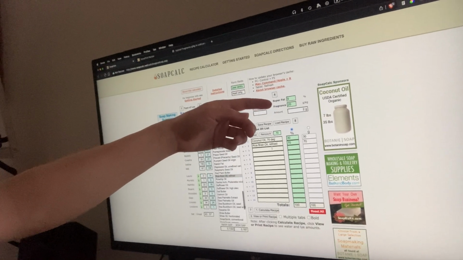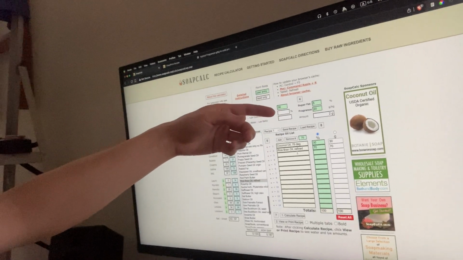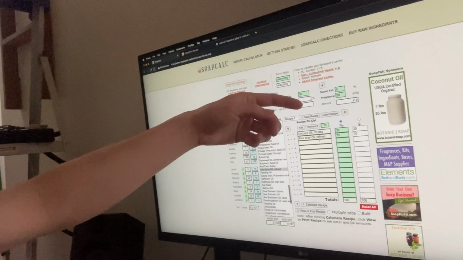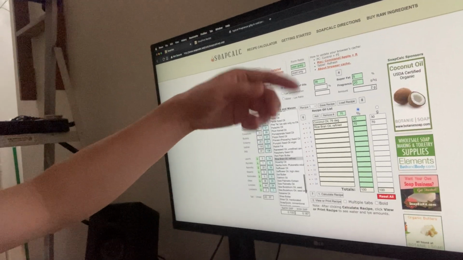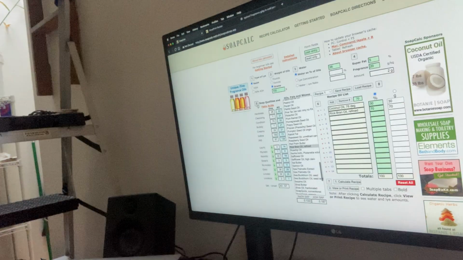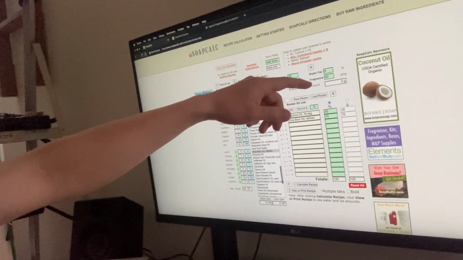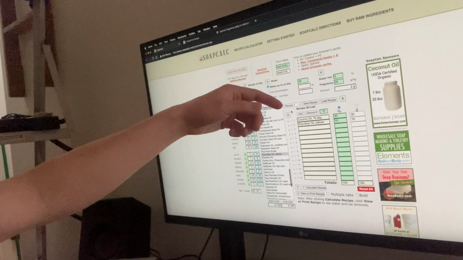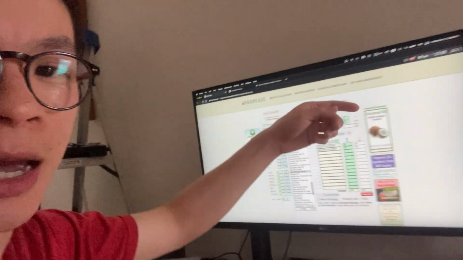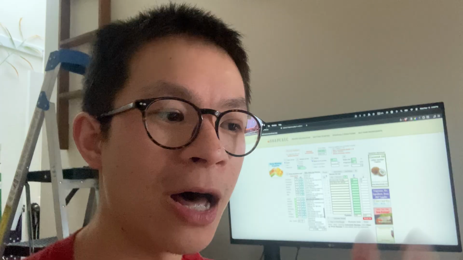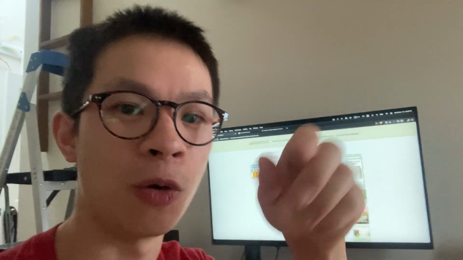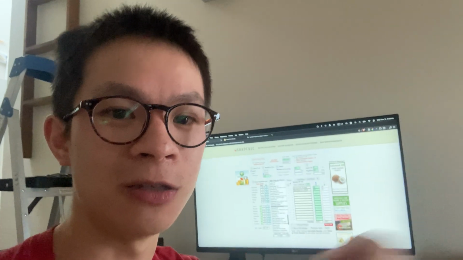Super fat is how much oil is left in the bar of soap after the lye has saponified all the oil, because you want to make sure you have some super fat in your soap. Otherwise, you're going to have lye in your soap, and you don't want to wash yourself with lye. The lye is there to convert the oil into solid soap.